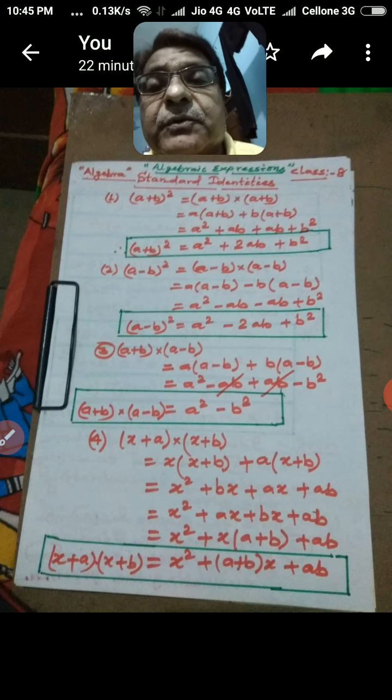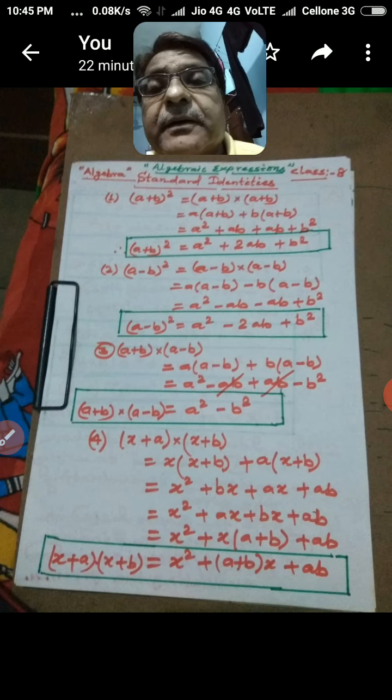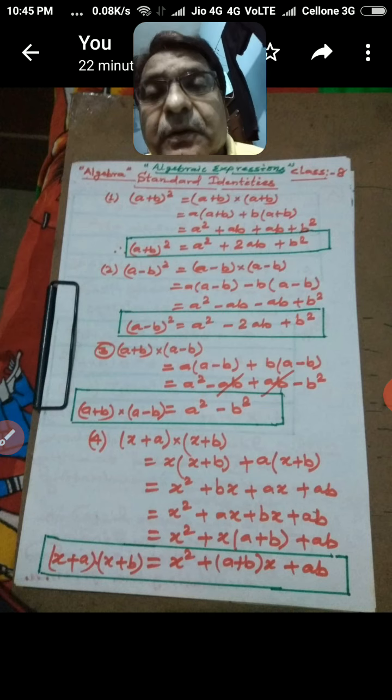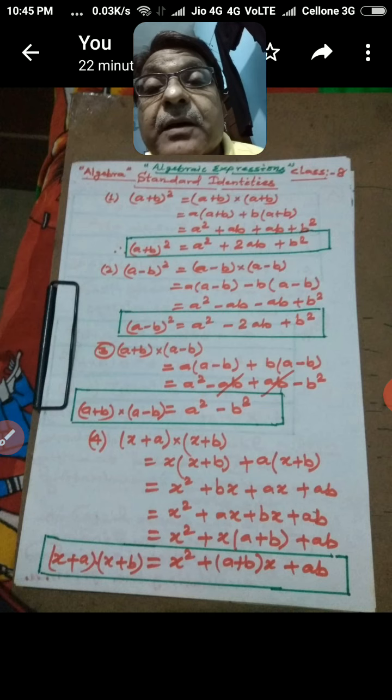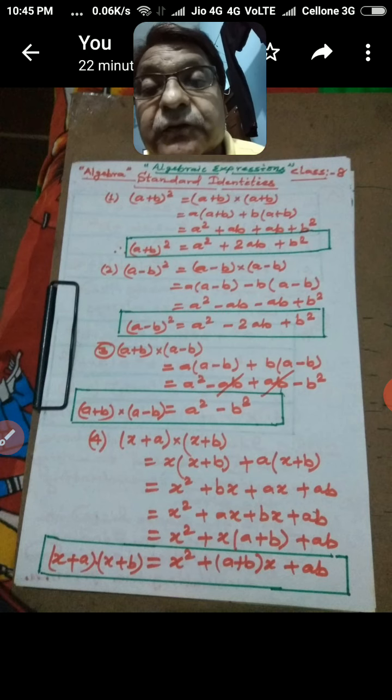But in case of 2x, 3x square, minus 5x cube, we write the constant part because it is other than 1. So 1 is hidden there. So it is the constant also.